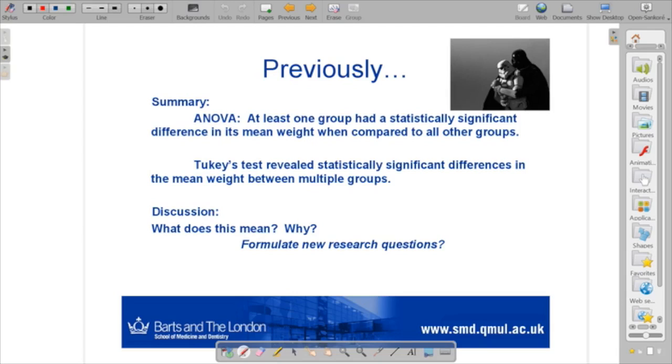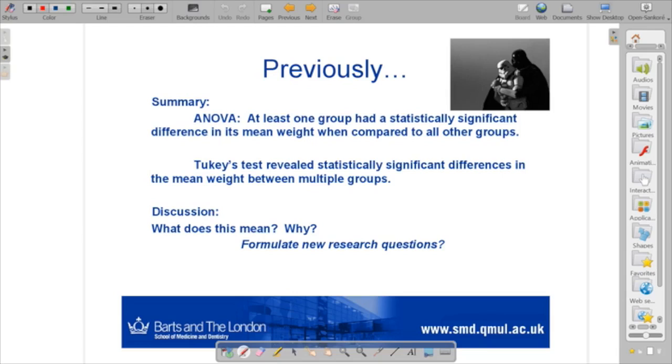Anyway, so we're back to this slide again, where we showed that last week, using analysis of variance, we found a statistically significant difference between the mean of at least one of our groups compared to all of the other means of all the other groups. And when we undertook Tukey's post-hoc test, this revealed statistically significant differences in the mean weight between multiple groups.